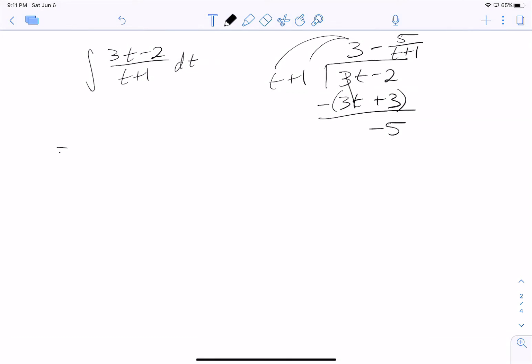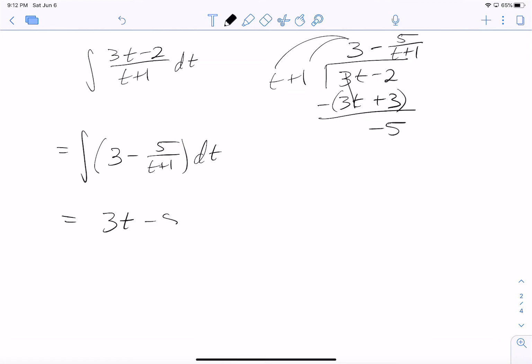We've transformed the way our integrand looks. We now have the integral of 3 − 5/(t + 1) dt. The integral of 3 with respect to t is 3t. And then we have something that's going to integrate to a natural log, right?